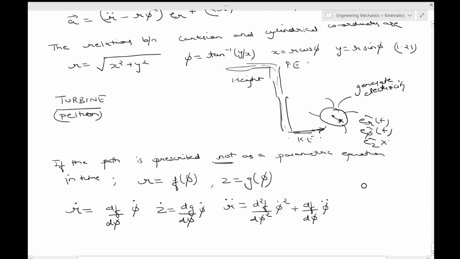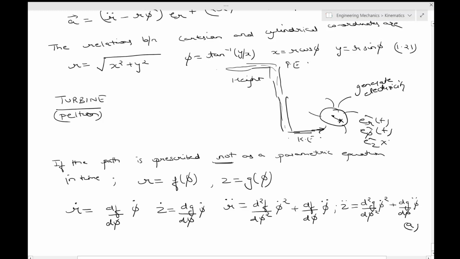And similarly, let me just write it here, z double dot is equal to d2g by d phi square into phi dot whole square plus dg by d phi into phi double dot.